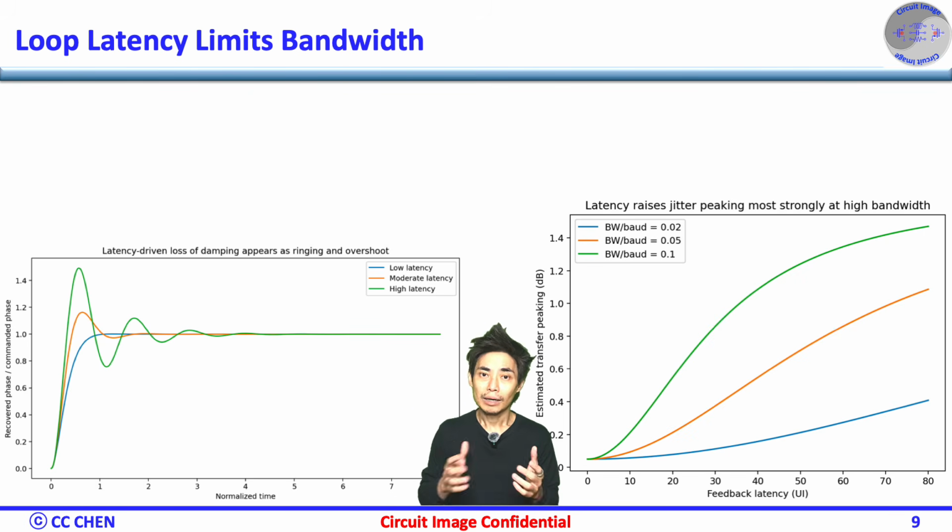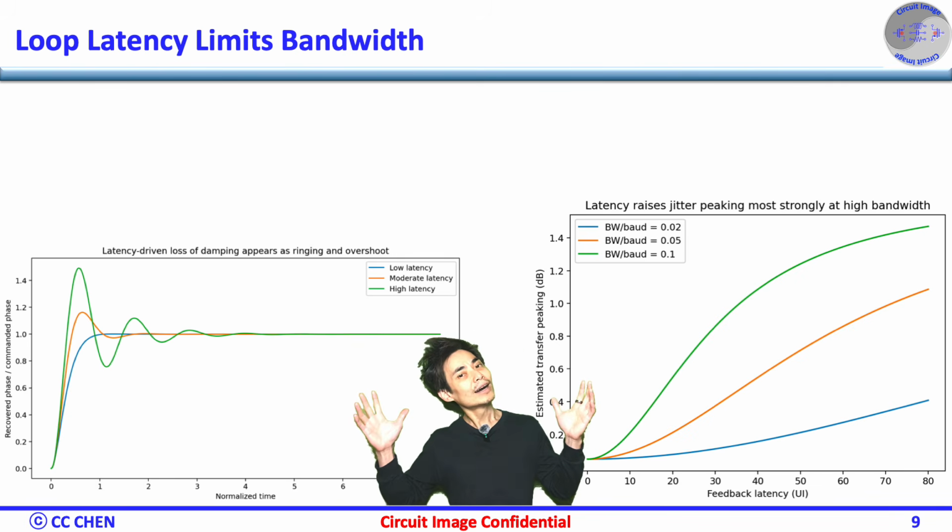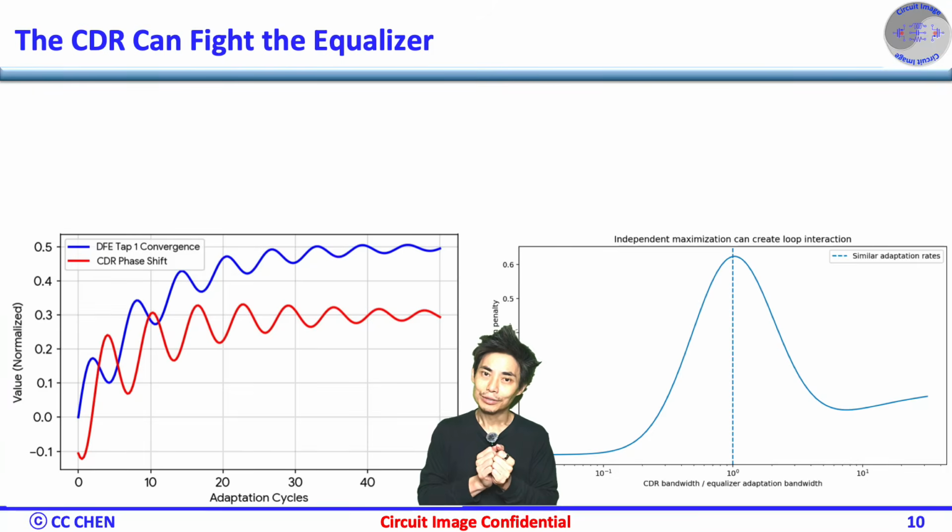Then, are there other RX blocks that may interfere with the CDR? Bingo! The CDR does not work alone. It works together with the CTLE, VGA, DFE, FFE, and sometimes DSP equalization. In a lossy channel, edge timing is not clean.